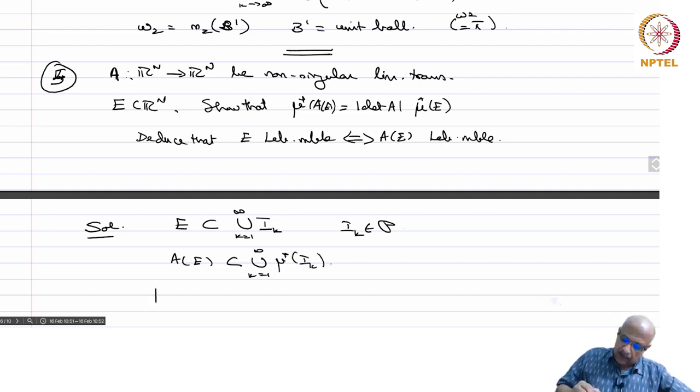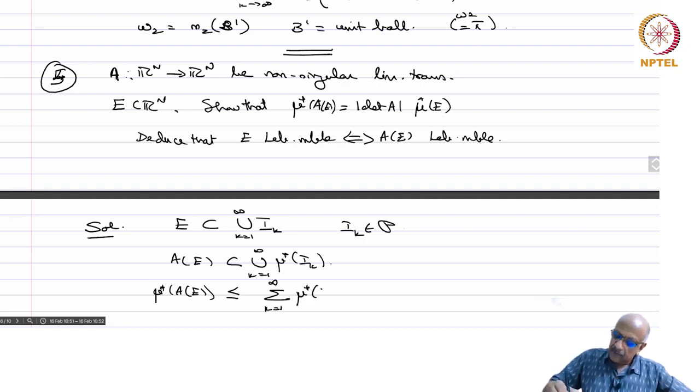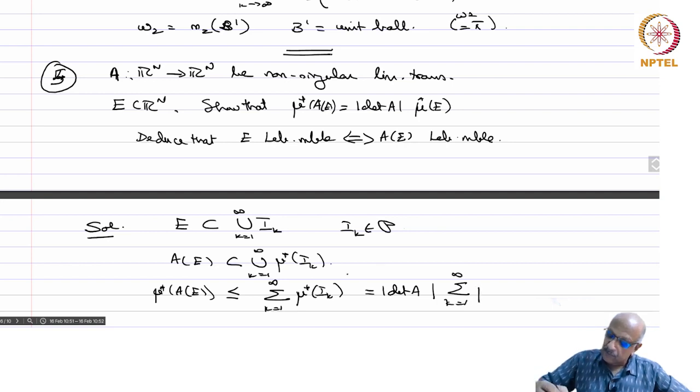So mu star of AE, by subadditivity, is less than or equal to the sum over k equals 1 to infinity of mu star of A of Ik, which is equal to mod determinant of A times the sum of mu star of Ik.